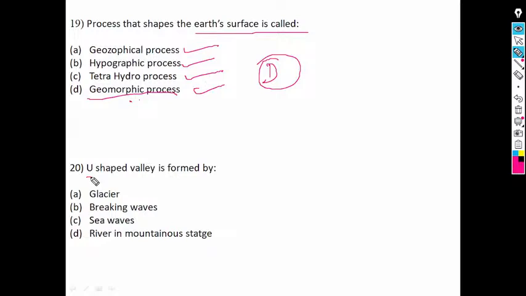Next, U-shaped valley is formed by glacier, breaking waves, sea waves, or a river in mountainous states. U-shaped valley or hanging valley is formed by the glaciers, option A.